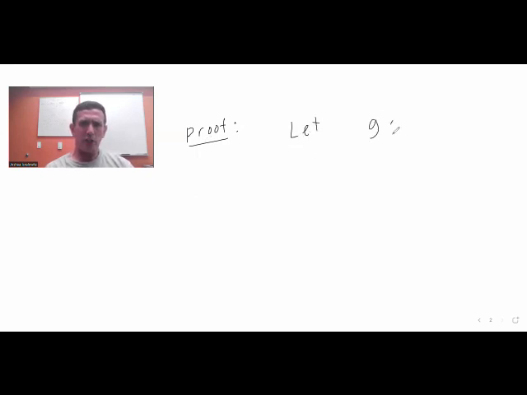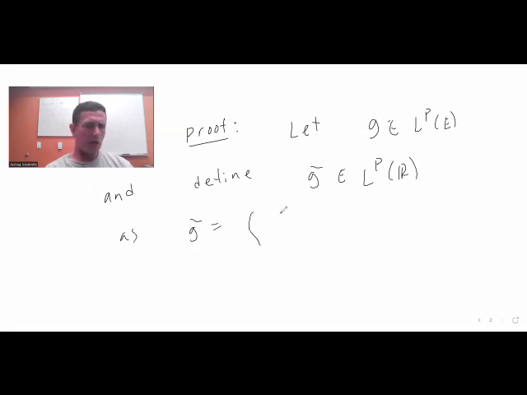So let's say G is in LP of E. I'm going to cook up something in a trivial way that's in LP of R. So it's G on E, 0 on E complement.